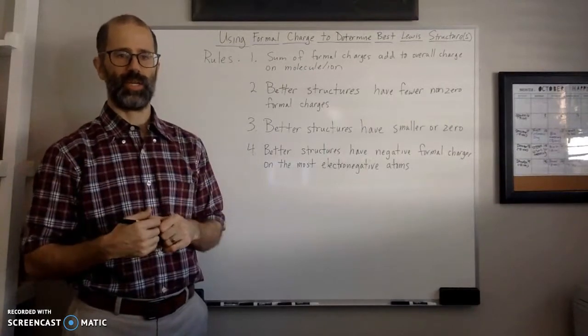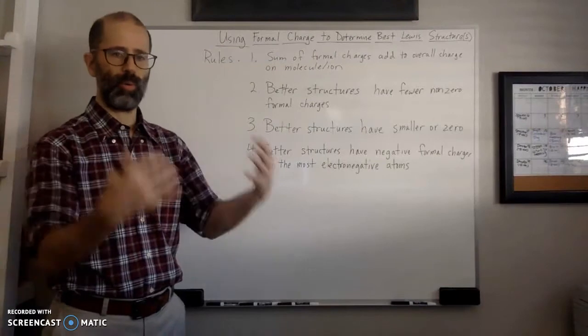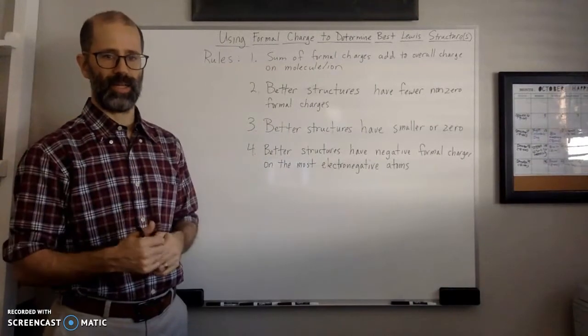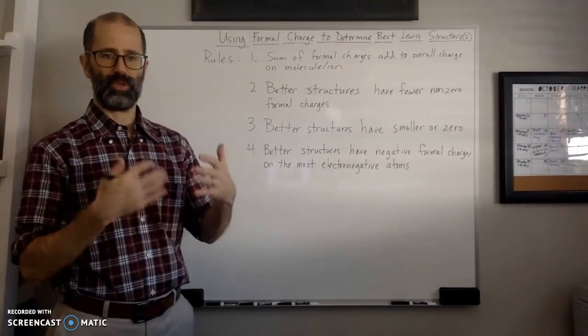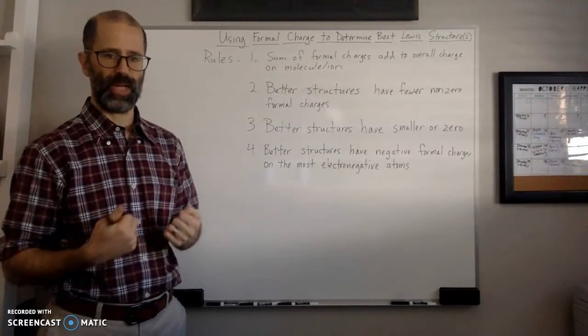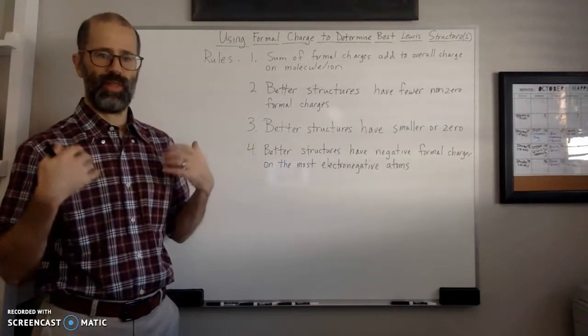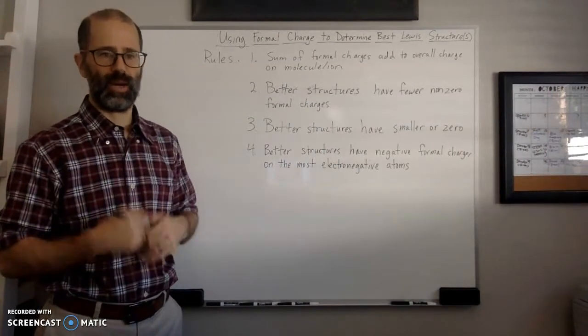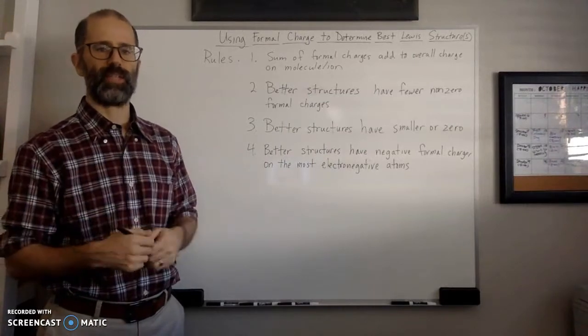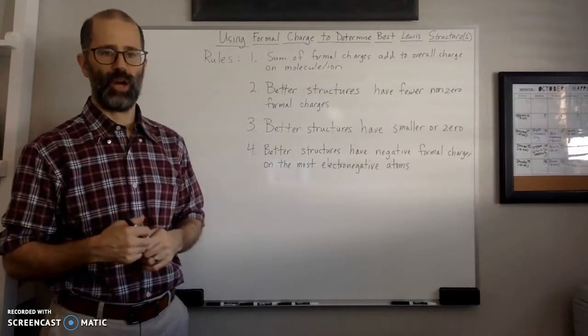That makes sense because electronegativity has to do with the pull on the bonded electrons between atoms. If one atom pulls on them more, those electrons are going to spend more time with that atom, giving it a partial negative charge. So you would expect more electronegative atoms to have the negative formal charge.